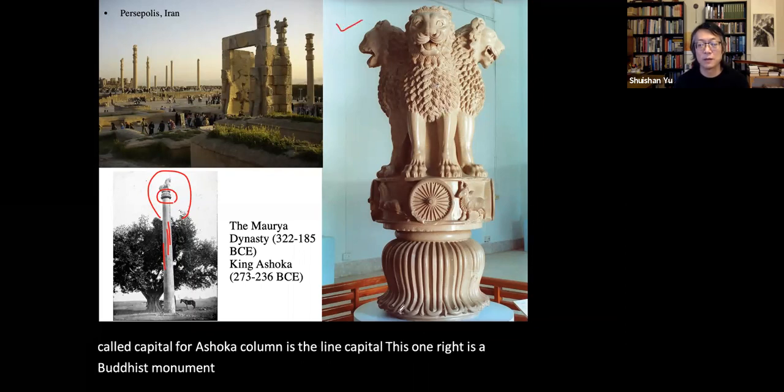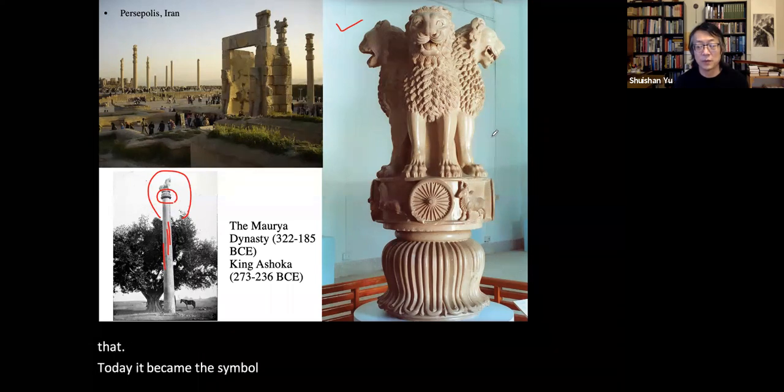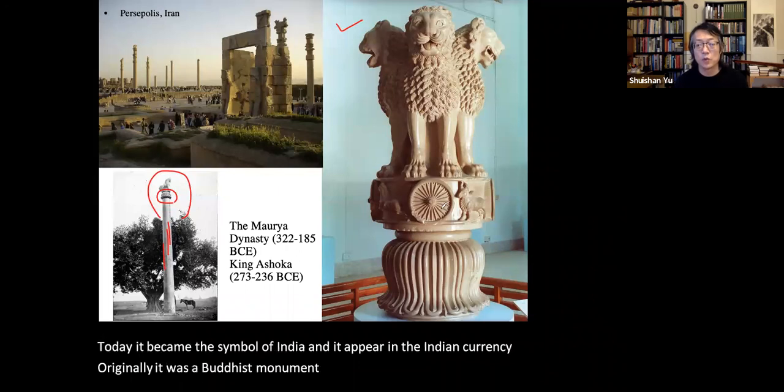Originally, it was raised on high in the air above a column like that. Today, it became the symbol of India, and it appeared in currency. Originally, it was a Buddhist monument, Buddhist relics.